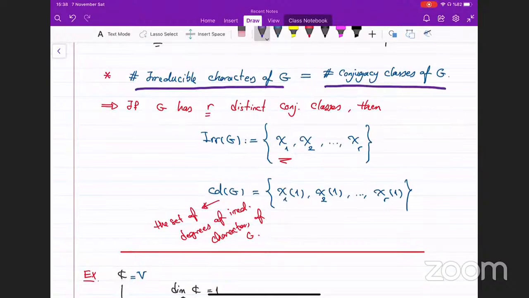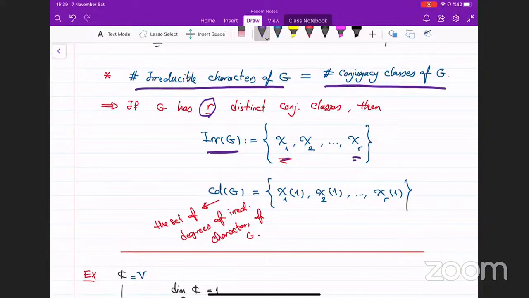So if G has exactly r distinct conjugacy classes, then Irr(G), the notation for the set of irreducible characters of G, has exactly r elements. I denote them by chi1, chi2, up to chi-r.